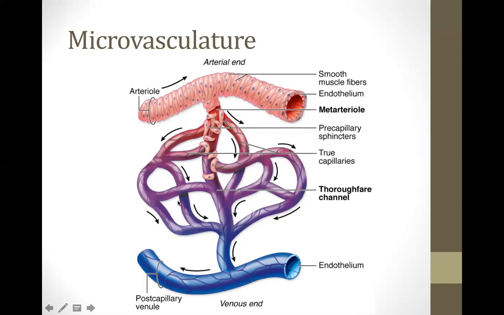Okay? Microvasculature. So this is the composition of your microvasculature. Arteriole, meta-arteriole, your precapillary sphincters, your true capillaries, the thoroughfare channel I mentioned earlier, it goes to your post-capillary venule. And it will go back to your heart. Clear? Understood? The microvasculature.